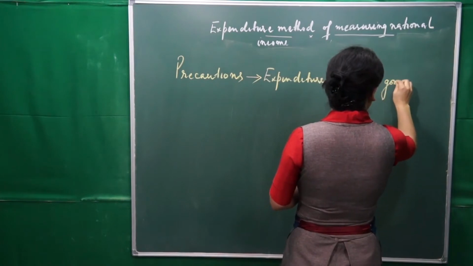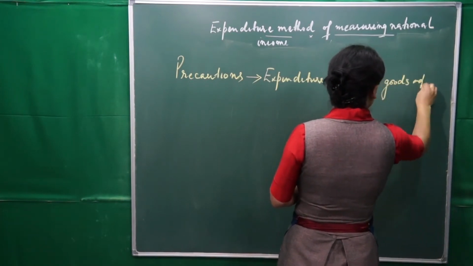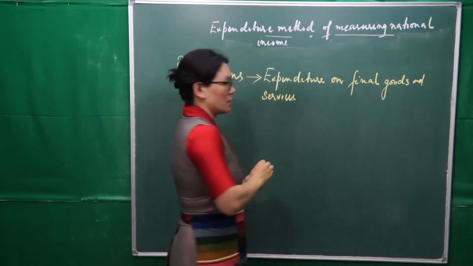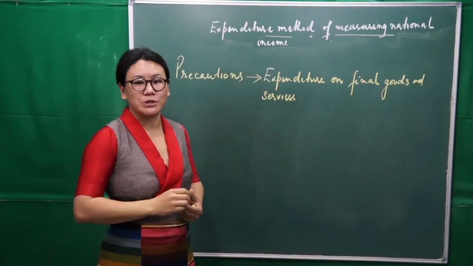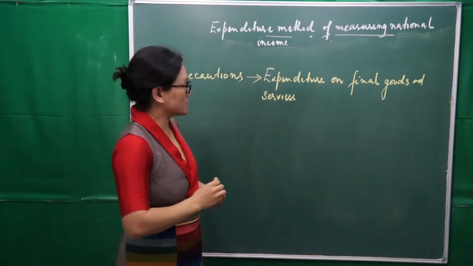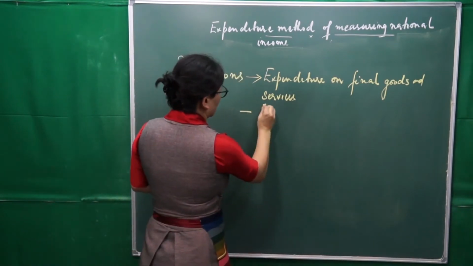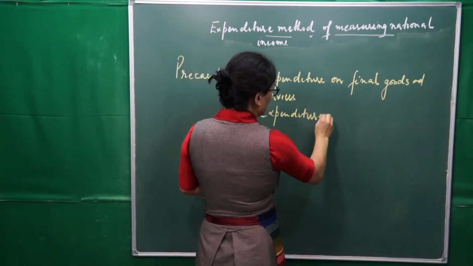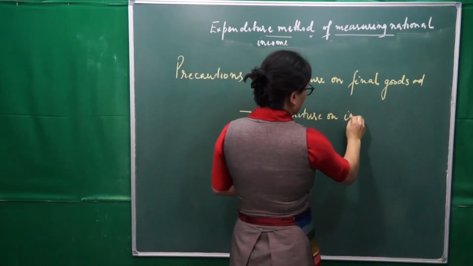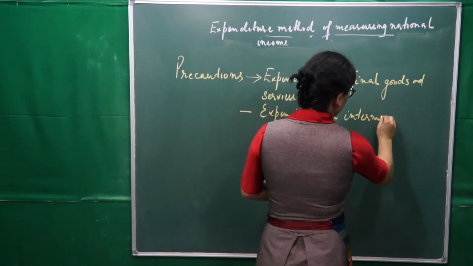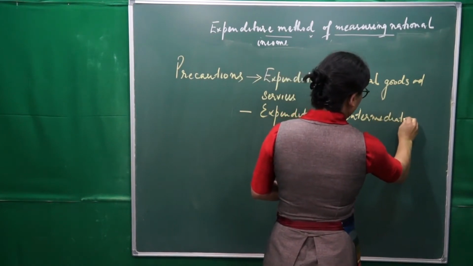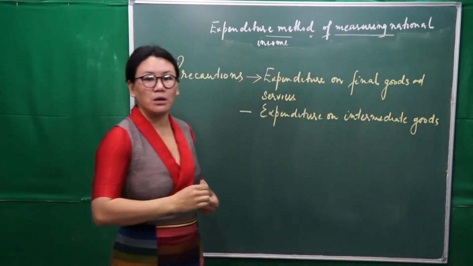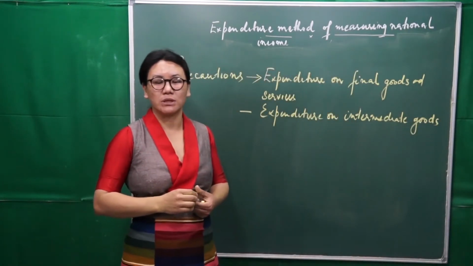Final goods and services are taken into consideration, whereas expenditure on intermediate goods are not included in this method.